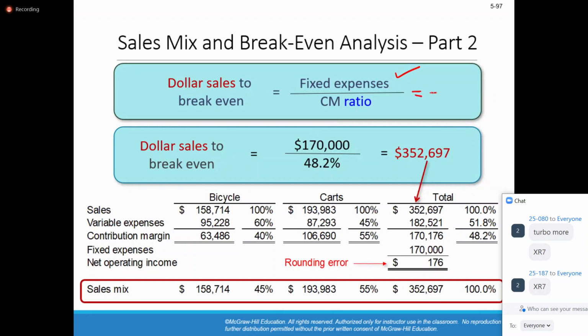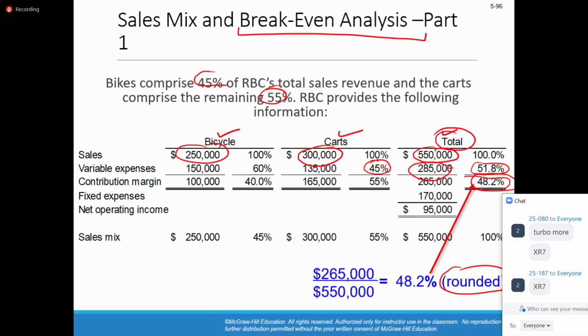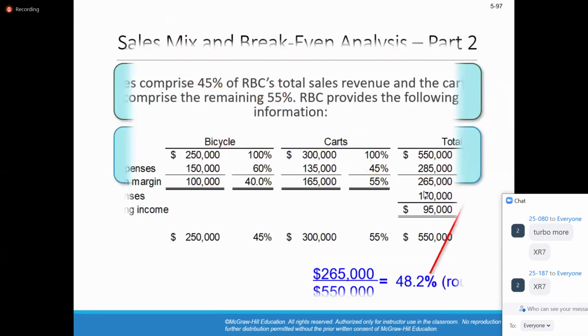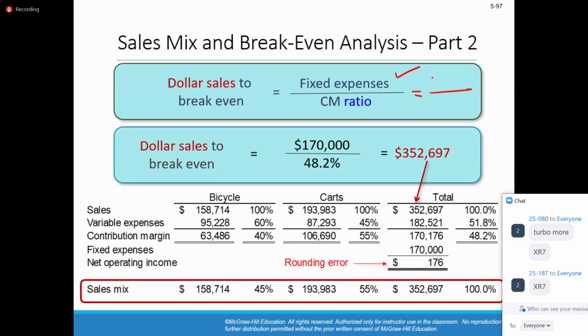So fixed expenses, obviously, it is still 80,000. No, it is not 80,000. You see the fixed expenses now, how much? 170,000, not 80,000 anymore. Okay. So when the fixed expense is 170,000 in total for products and the contribution margin ratio is 0.482, what can we do?